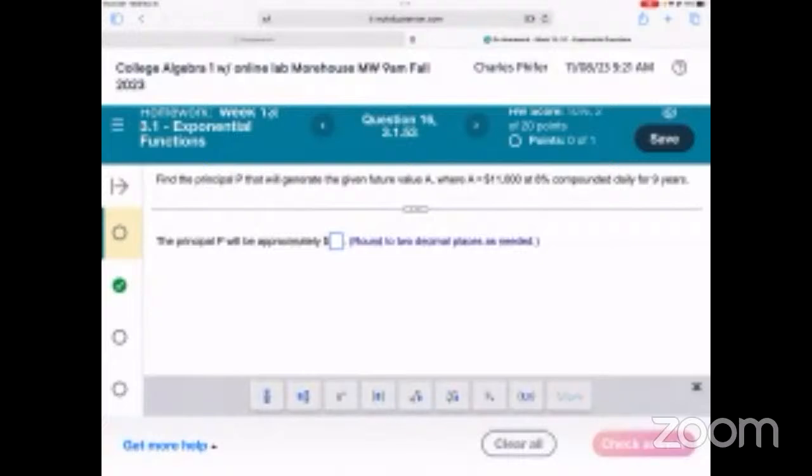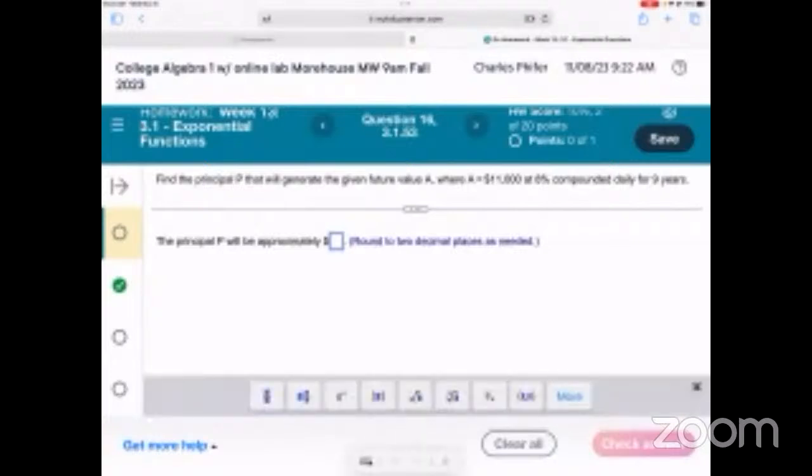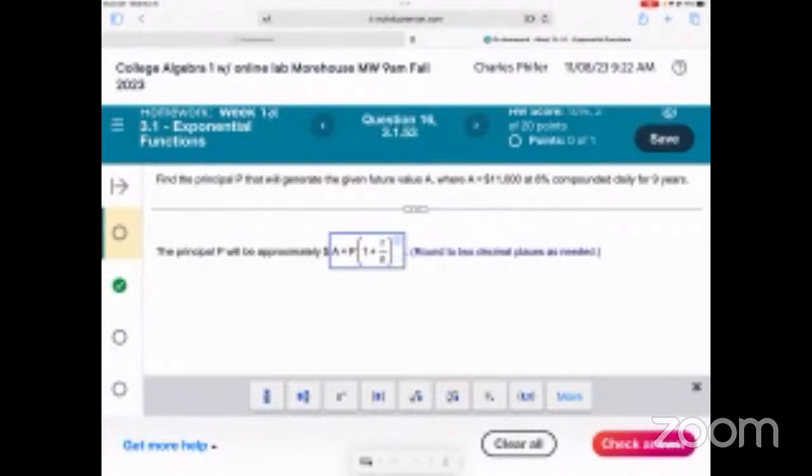So we're doing compound interest, right? Let me take some notes here. The future amount is going to be equal to P times 1 plus r over n, to the power of nt. That's the formula I'm using. The future amount, I'm just going to leave where it is. It's 11,000, on the far left. We're going to come back to that.